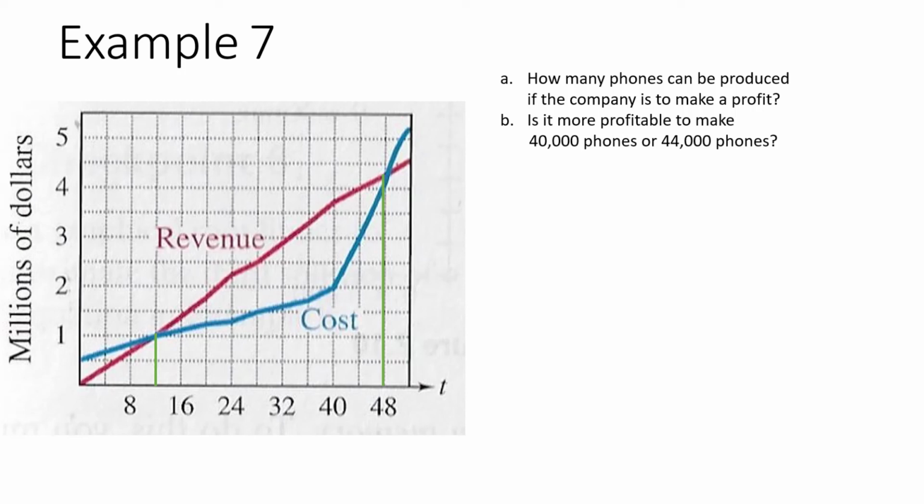To answer part B, calculate the profit for the given production levels. At 40,000, these are the data points we need. Subtracting, we get a profit of 1.7 million.